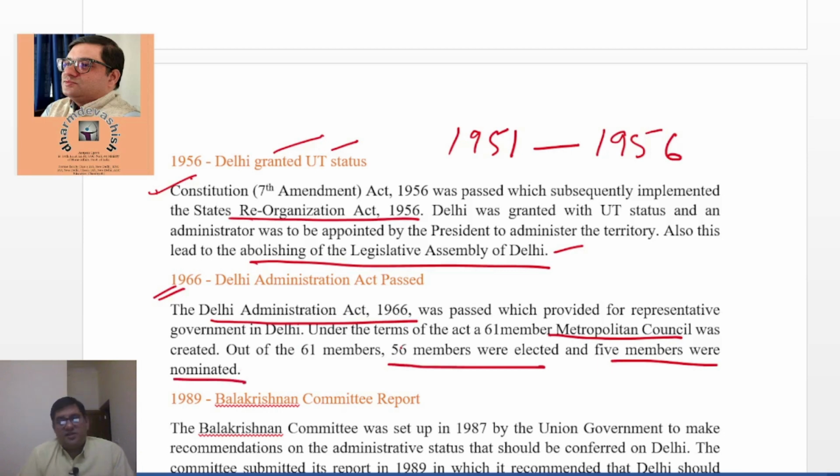So in place of creating a legislative assembly, which was there 10 years back, if we calculate from the year 1966, 10 years back would be 1956. In 1956, the Legislative Assembly is abolished. But just 10 years later, in the year 1966, a 61-member Metropolitan Council is created through the Delhi Administration Act 1966.